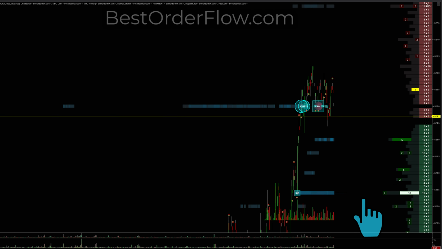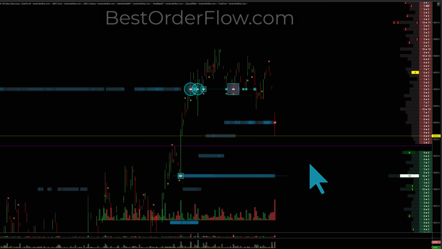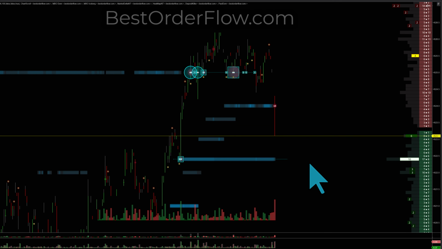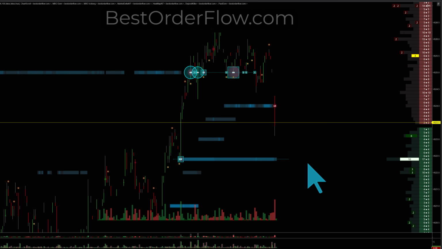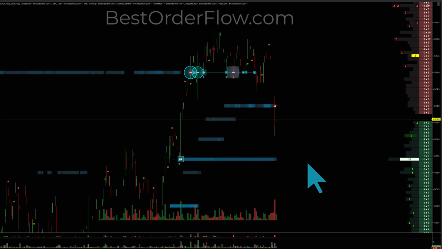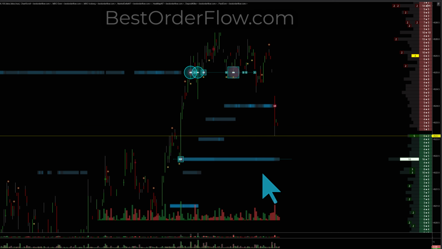Integration of these indicators on the same chart that you can use for making your entries is quite fascinating, and we are the only company that produces this type of indicators: compatible footprint, compatible icebergs, the MBO DOM, and a well integrated heatmap, as you can see over here.